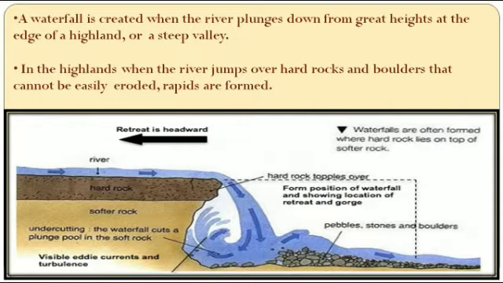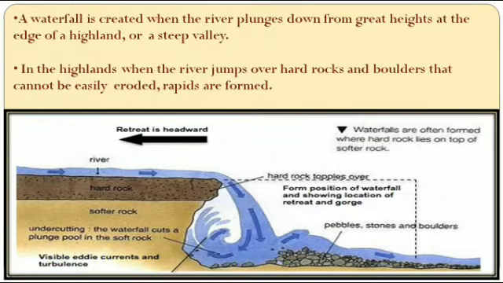Everybody has seen Dhuadhar at Bheda Ghat, where water falls from a higher area towards the lower area, and here you can see the hard rock. Hard rock is being cut down with the force of the water, and as it goes down the soft rock is eroded and rapids are formed.